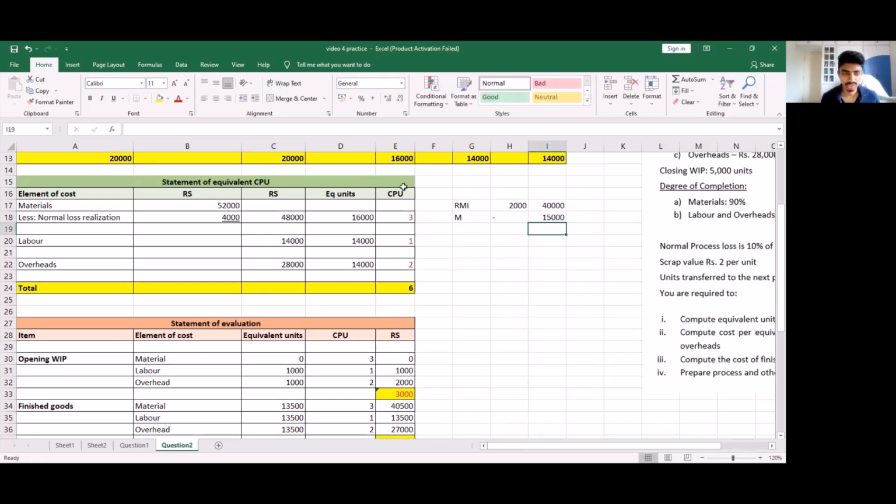Now, to show this in our statement of equivalent cost per unit, we will simply write materials, and write the amount of 40,000. And then we will write additional materials, and write this 15,000.